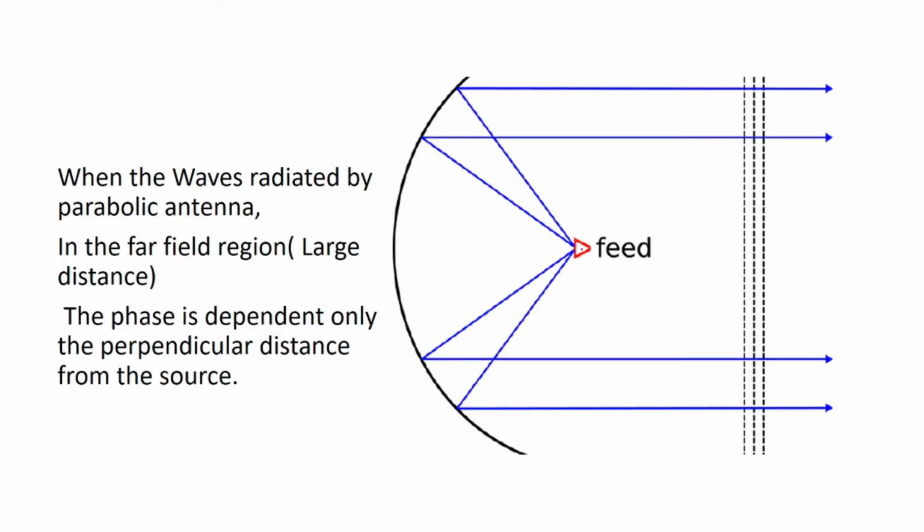If I collect all the points which have the same perpendicular distance from the source, then they form planes. Therefore, this class of waves is called plane waves.